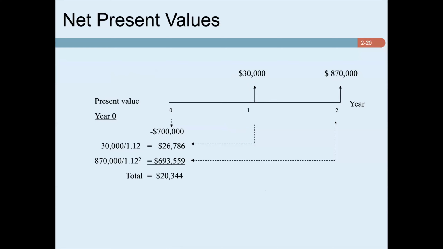And then the second year, $870,000 divided by 1.12 to the power of 2 is 693,559. So when we add this together, minus our investment, we make about $20,344. So that's the net present value.